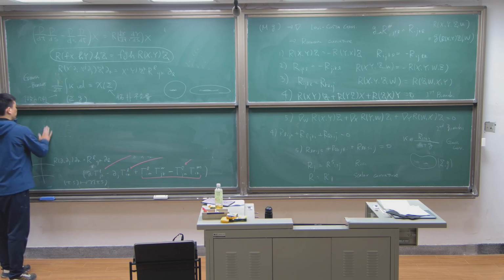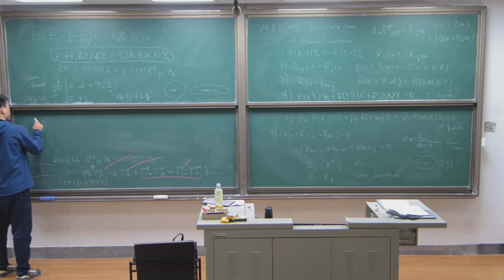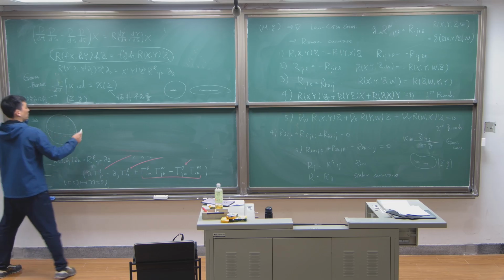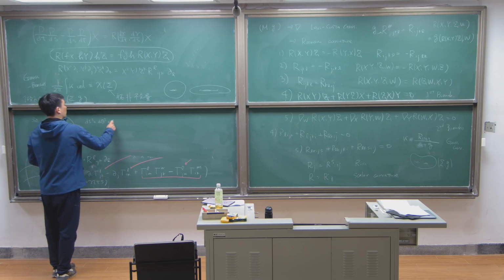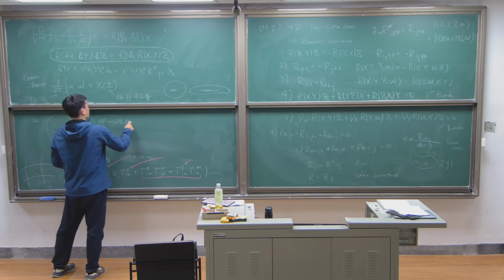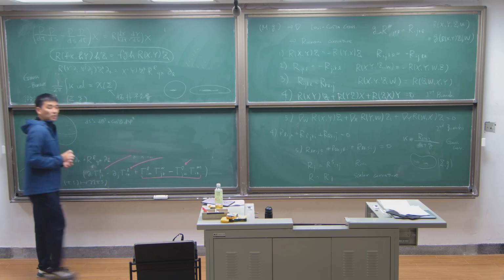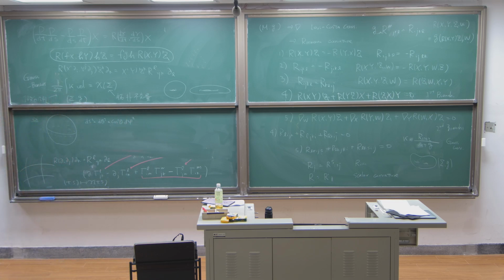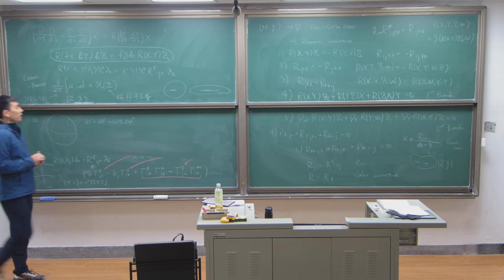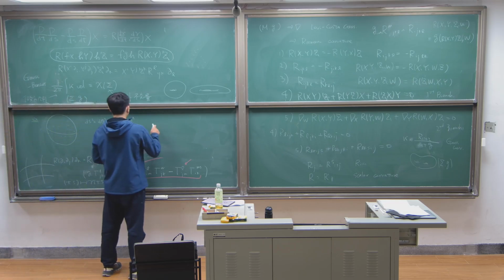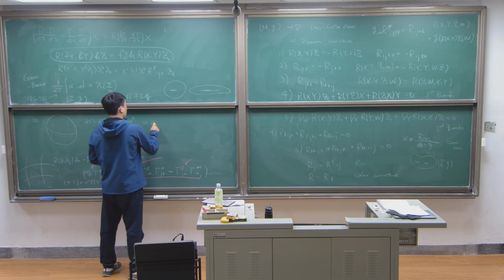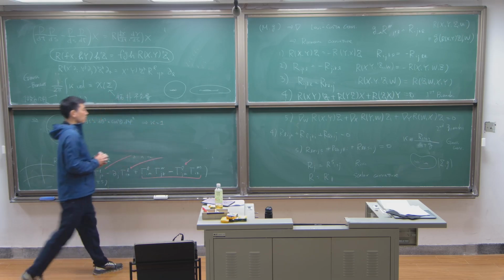So yeah, for instance, consider S2 with the standard metric. This is the standard metric, and then the curvature kappa will give you kappa equal to 1, in fact.